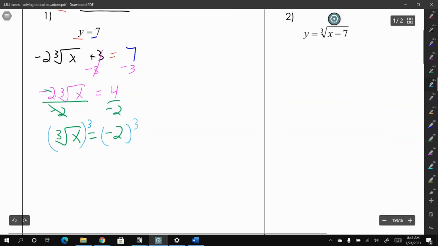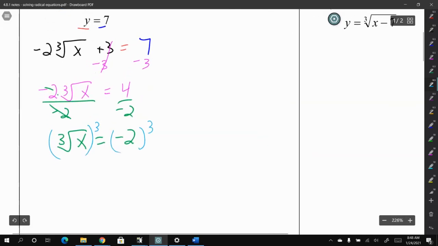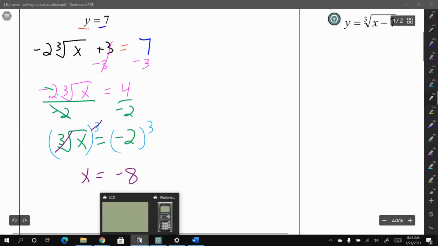Just like when we were solving quadratic equations, if we were to square root both sides, that would have canceled out the second power, or the squared part of our x. Doing that here, third power and third root would cancel out. So you're left with x equals negative 2 to the third power, which is negative 2 times negative 2 times negative 2, which is negative 8.